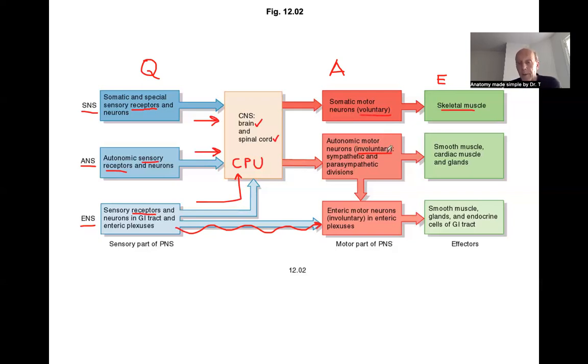But involuntary aspect of autonomic nervous system and its motor divisions, whether it's sympathetic and parasympathetic, will practically waste no time. It will immediately start stimulating its own effector cells in this green colored box, whether they're smooth muscle fibers, whether it's the cardiac muscle or glands.